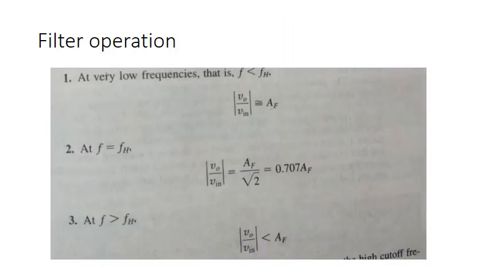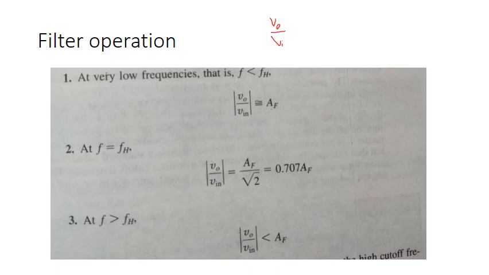So with this gain magnitude equation, we check the operation of the filter. So with this gain magnitude equation, we verify the high pass filter. So we already know the equation of V naught by V in.